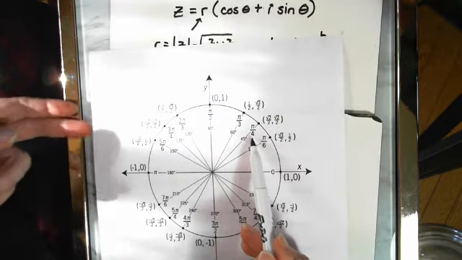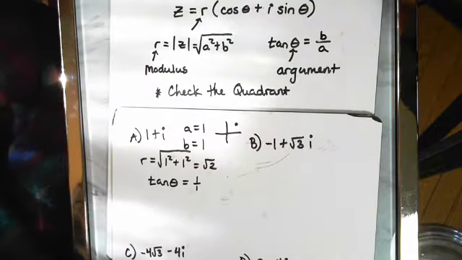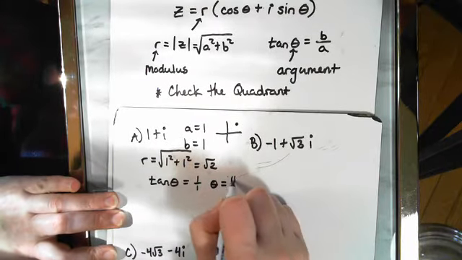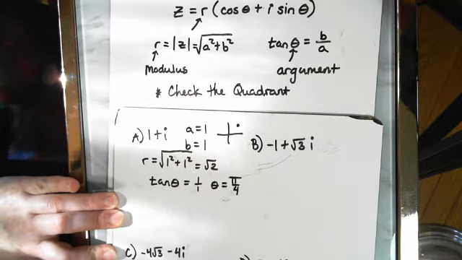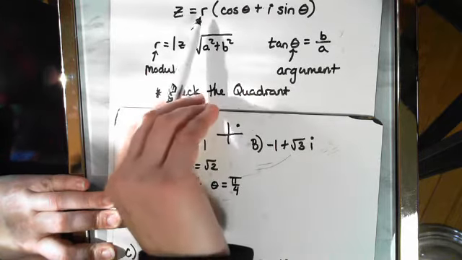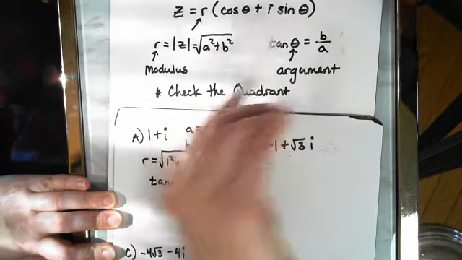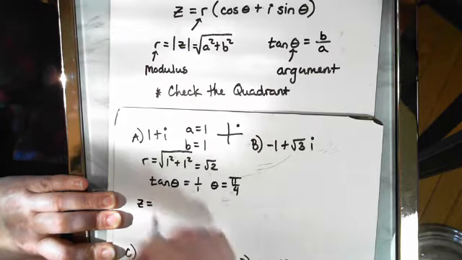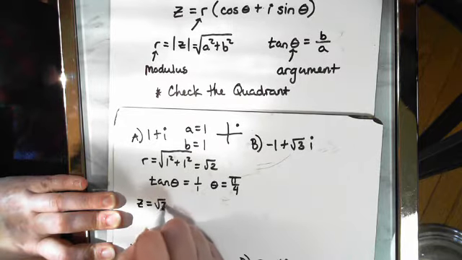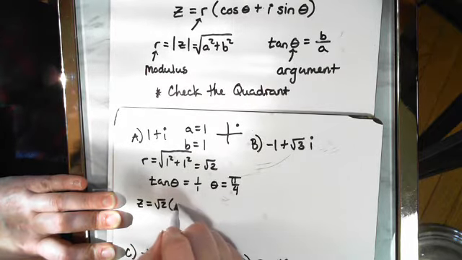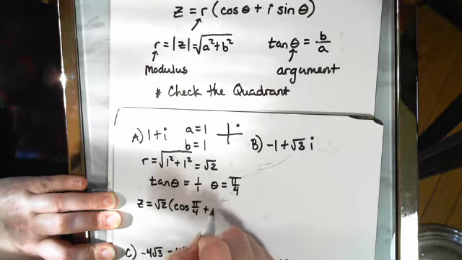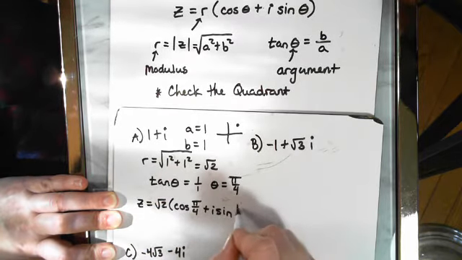So pi over 4 is my argument, my theta value. Now, all I have to do is put my r and my theta into my polar form. So this is z equals square root of 2 times cosine of pi over 4 plus i sine of pi over 4.